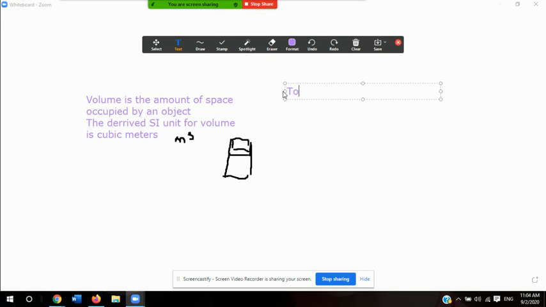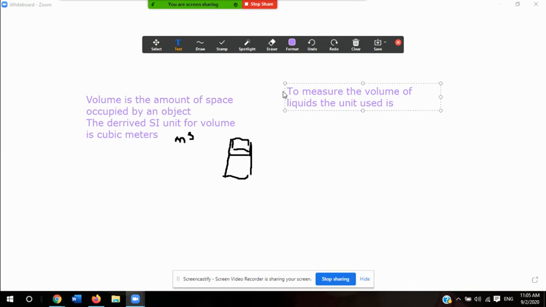To measure the volume of liquids, because it's a non-SI unit, the unit used is the liter.